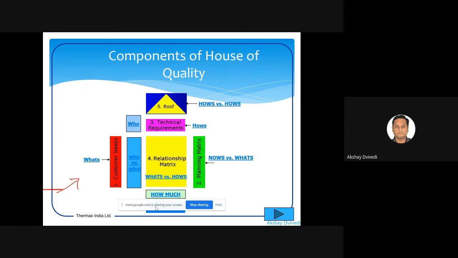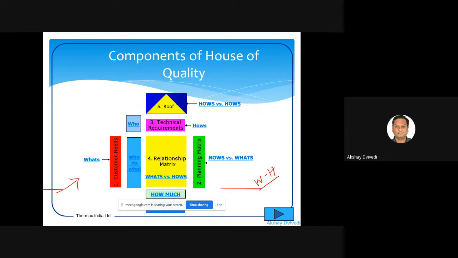So let's say if you are working in any scenario and you have to identify who your customers are, you can have your own ways to identify that. A simple way to identify those particular customers is using the WH context. Now, what is this WH context? The first W is who is the customer.